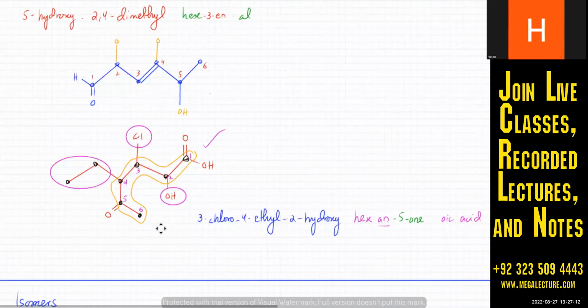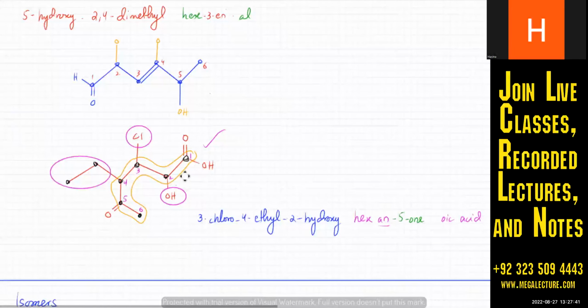You can remember it should have the maximum groups attached to it. Which is why I didn't go on the other side. When I was figuring out the longest chain, I went downwards, right? So it's hex. It's got a carboxylic acid. This is number 1. So it's hex-oic acid. It's got a ketone as well, on the fifth one. So it's got 2 suffixes. And there's no double bond, so it's AN. It's hexanoic acid with a ketone as well.